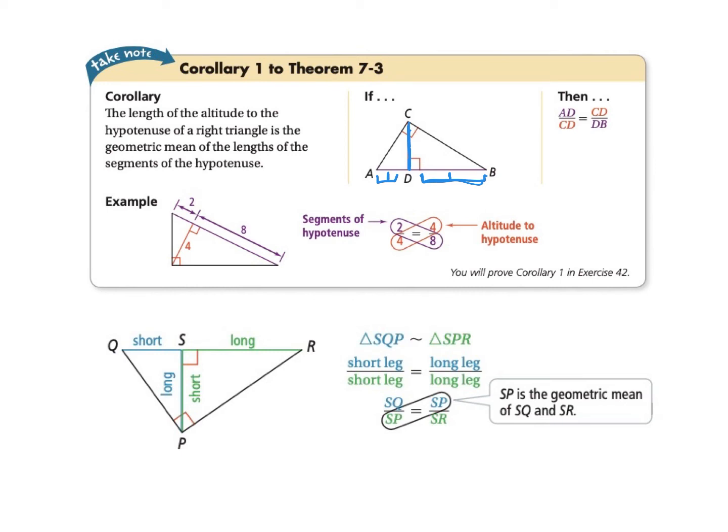You have your small segment over your altitude over your larger segment. Okay, so again, you'll see that here. And instead of putting short leg, long leg, I would have probably put altitude.